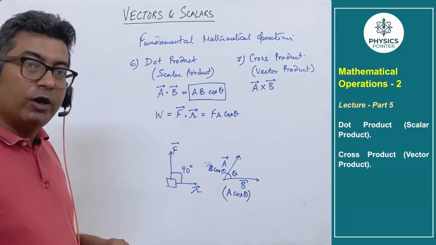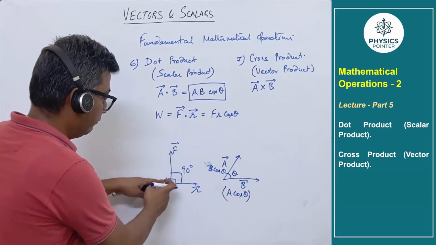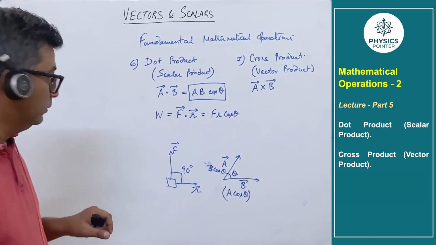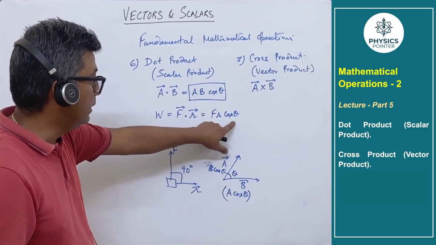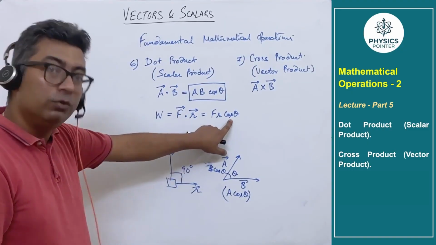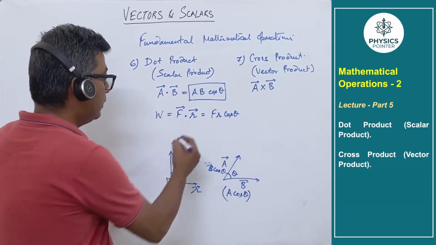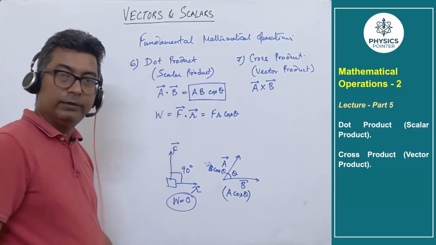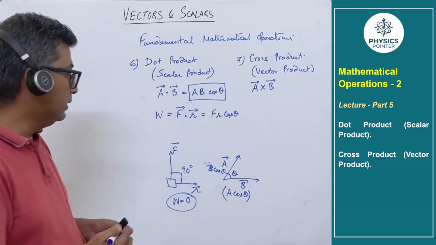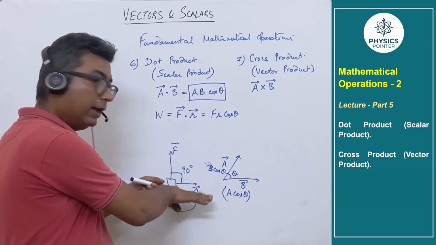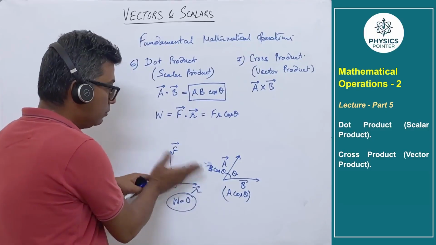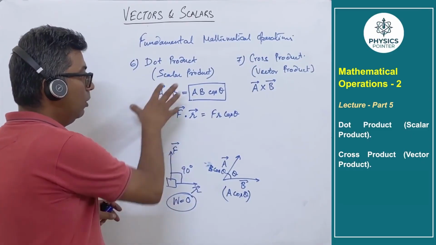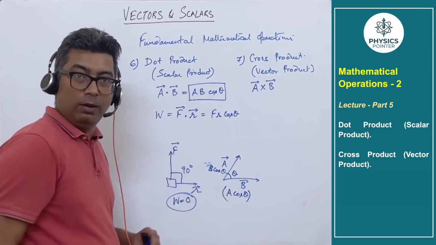Most of the problems that you have done till now in class 9th and 10th, the force and the displacement are aligned. What if they are not? When they are not aligned, cos theta becomes cos 90 degrees, which is equal to 0. So the work done in this case, W, is equal to 0. Force is not at all aligned to R, or R is not at all aligned to F. That is the reason the work done is 0, or the dot product could be 0.